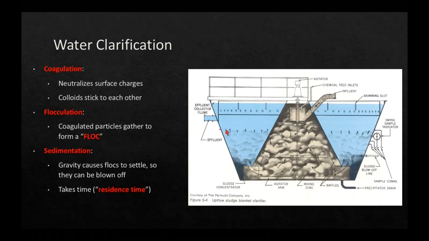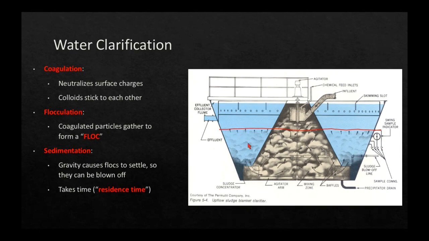So what we're going to try and do when we control this, first of all, we want to maintain a constant sludge blanket level. We don't want the sludge blanket to get too high, because then we start to carry over into the effluent, and we don't want that.